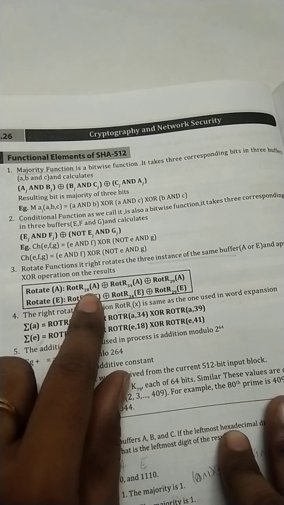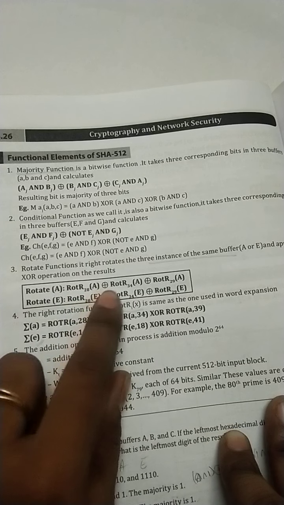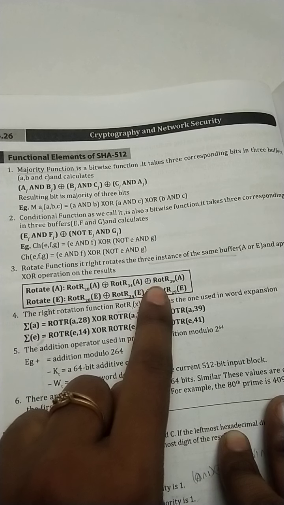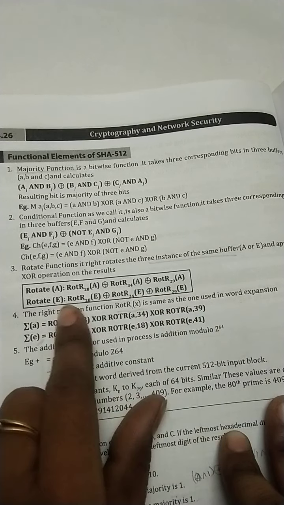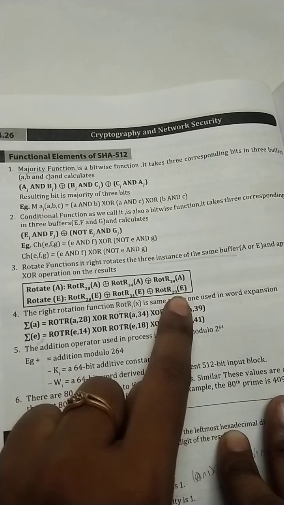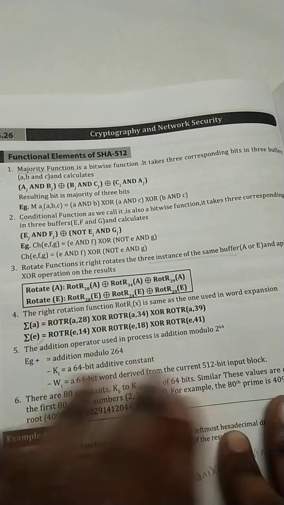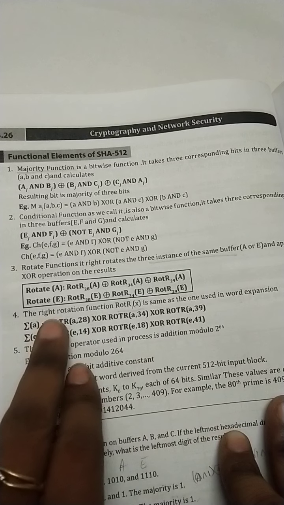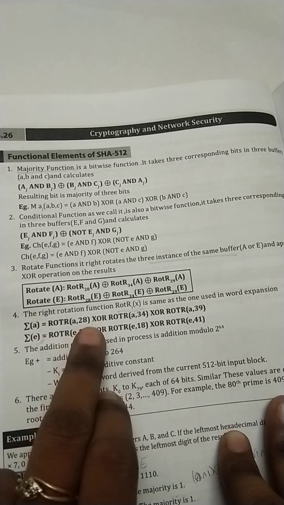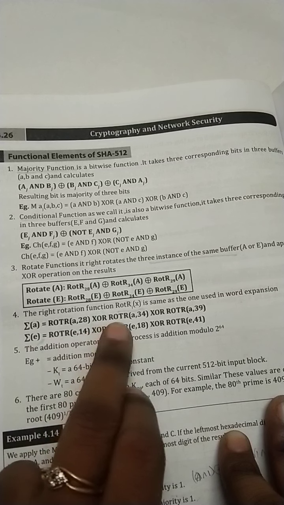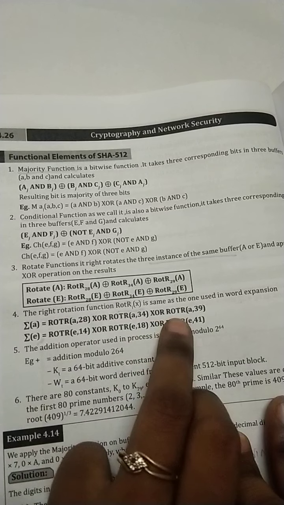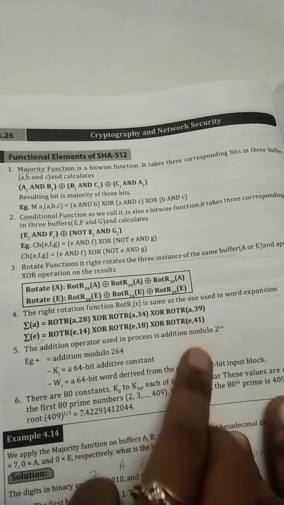So rotate A, XOR rotate A, XOR rotate A. Again rotate E, with the specific rotation numbers 28, 34 and 39. For summation of A, it is rotate A by 28, XOR rotate A by 34, and XOR rotate A by 39.